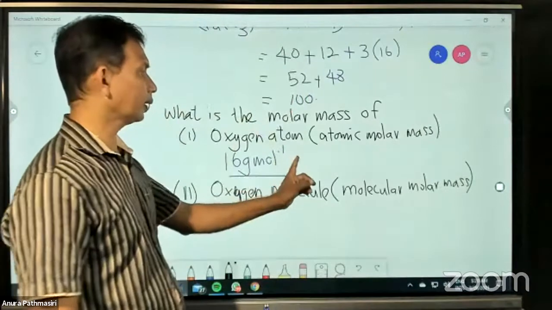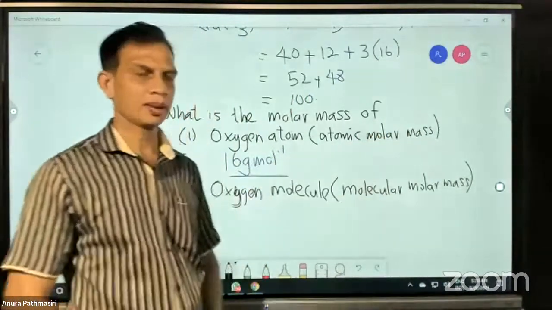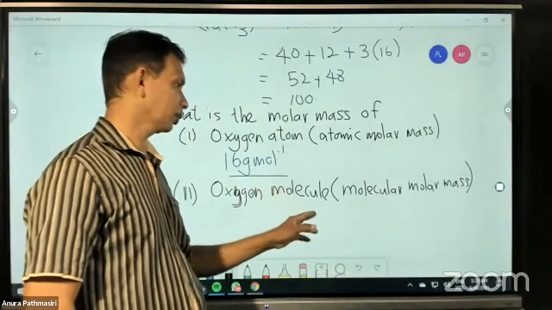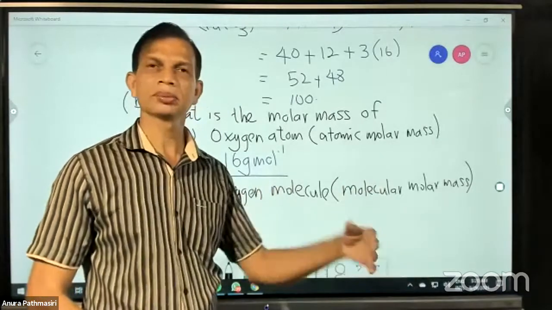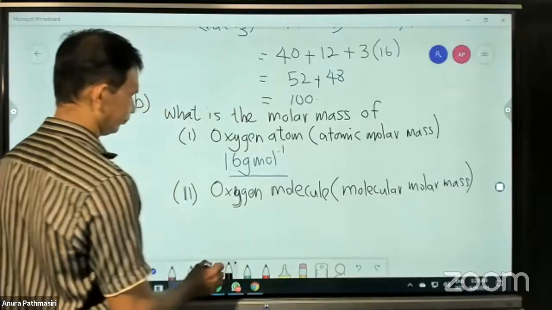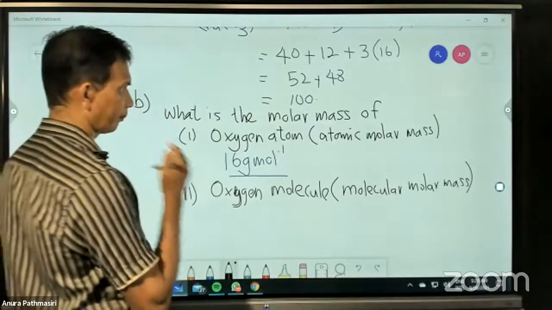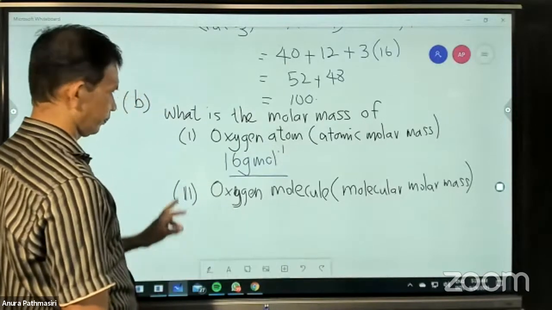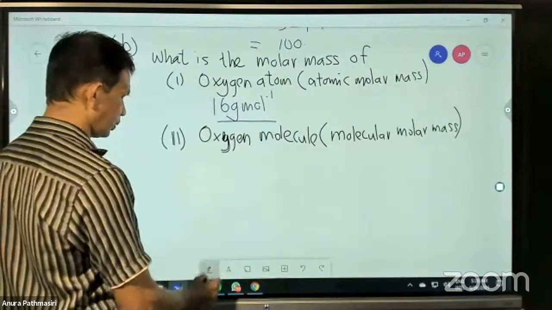If you say oxygen atom, it is atomic molar mass. If you consider oxygen molecule, it is molecular molar mass. How are you going to consider that?